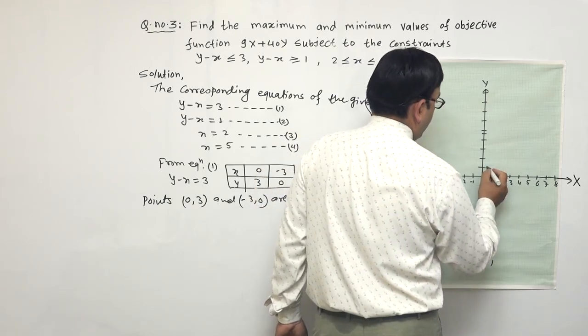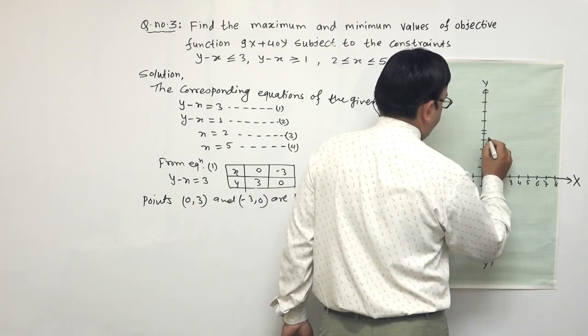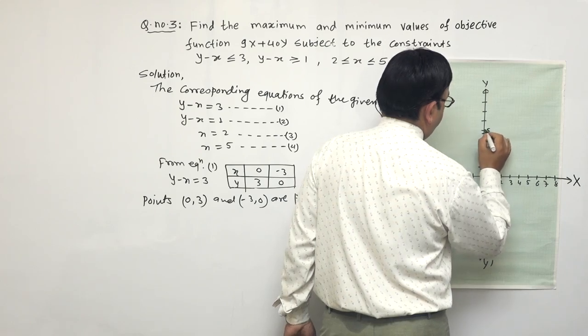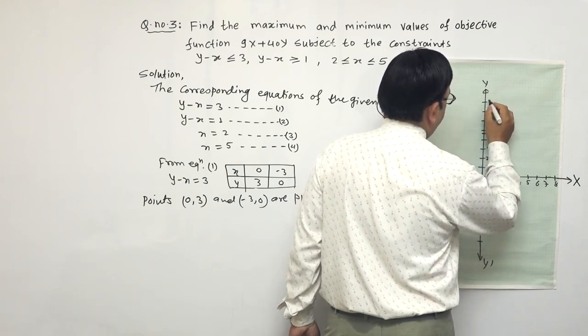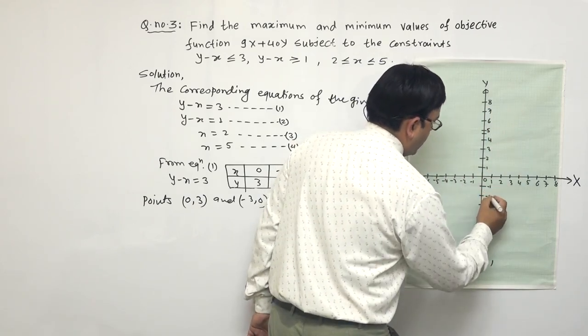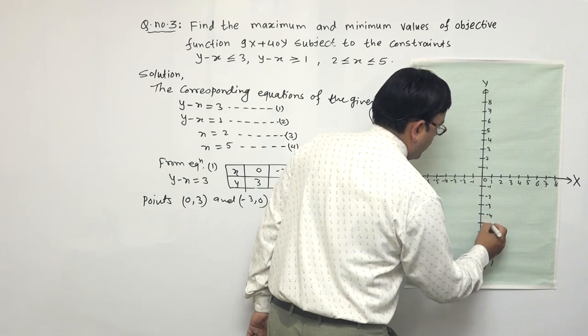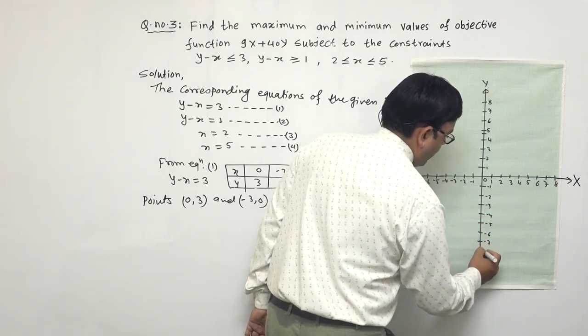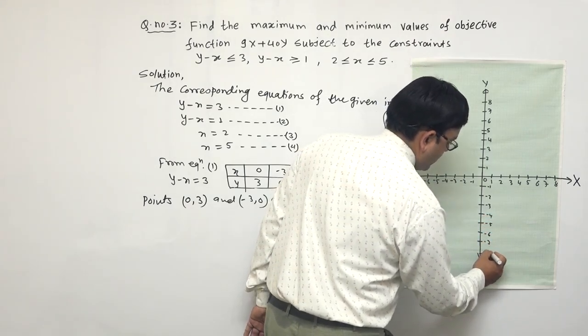Similarly on the y axis, 1 2 3 4 5 6 7 8, and minus 1, minus 2, minus 3, minus 4, minus 5, minus 6, minus 7, minus 8.